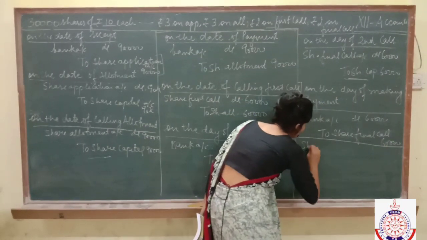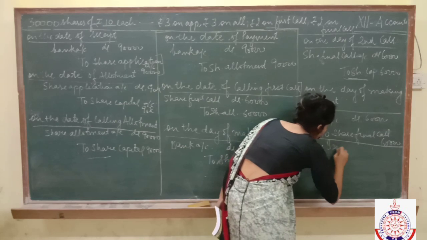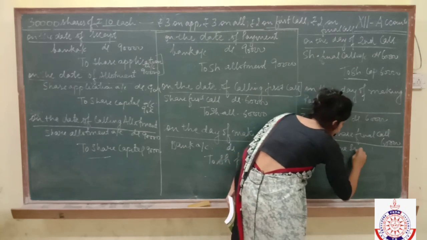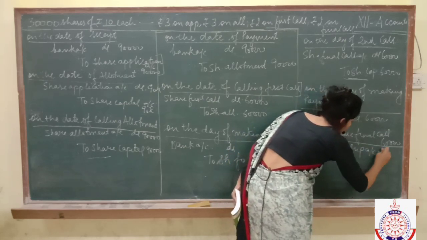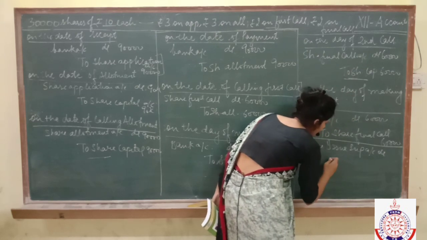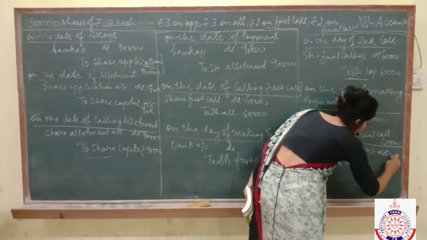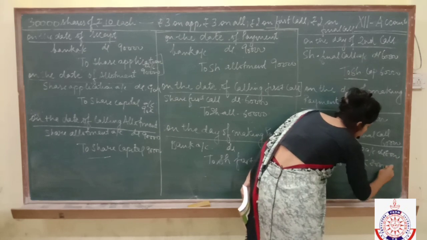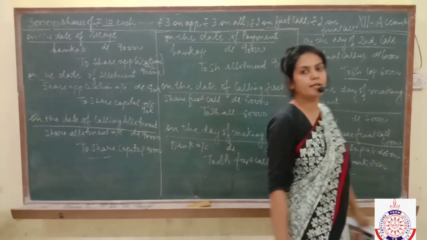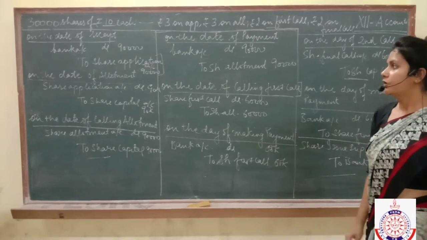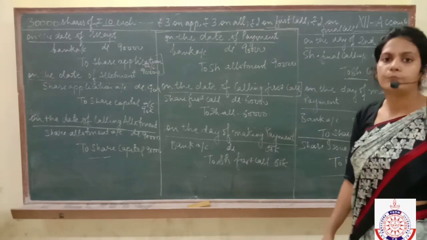Expenses are to be debited. So it is share issue expenses account debited to bank 8,000. I hope this illustration is clear to you.